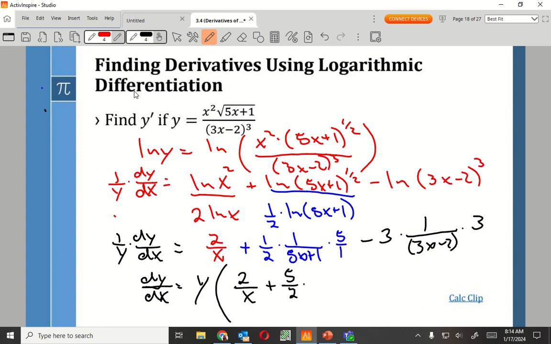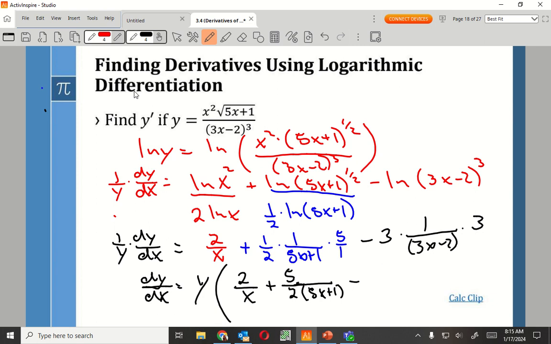Times, and on the bottom is my 5x plus 1. Two times 5x plus 1. I'm just putting them there. I could distribute if I want to, but I really don't want to. Think of it as a numerator. Next one is going to become minus.